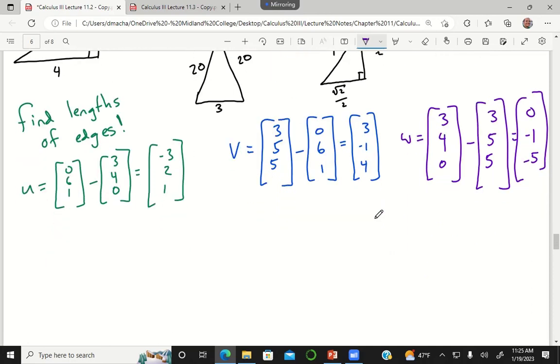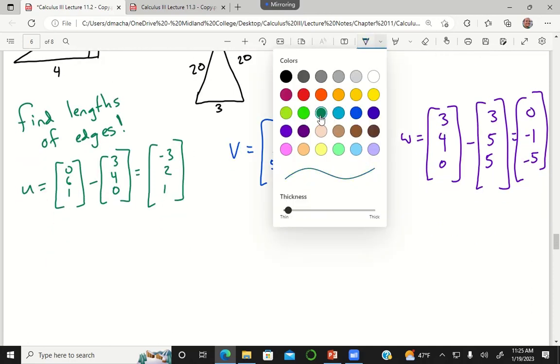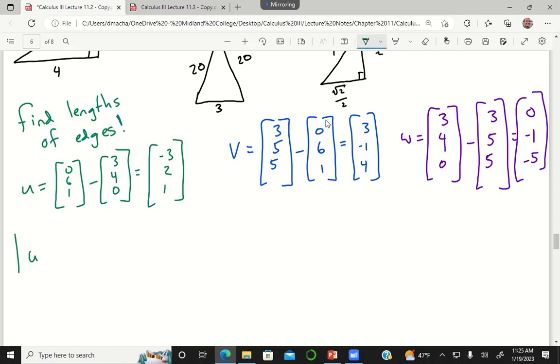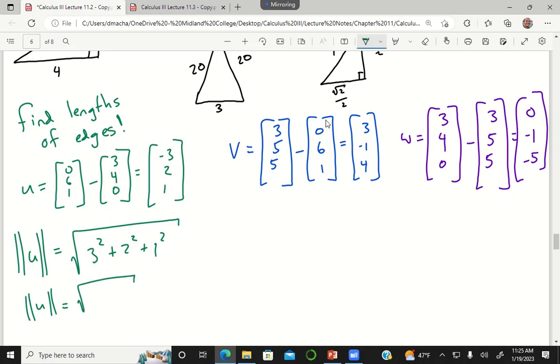Now what I'm going to do is if I can find the norms of these vectors, that's going to tell me the length of the side that connects the two vertices. So the norm of u is going to be square root of 3 squared plus 2 squared plus 1 squared. So that norm, or this side length, is going to be square root of 9 plus 4 plus 1, which is 14.